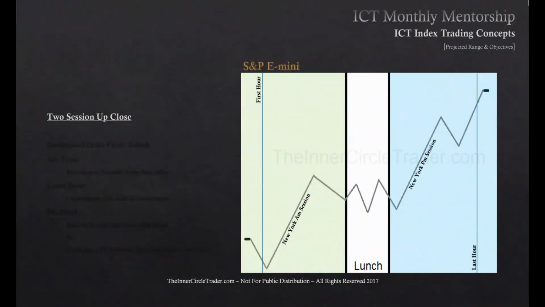Okay, before I get into it, I just want to remind you that index trading can be, like anything else, overcomplicated or it can be simplified.